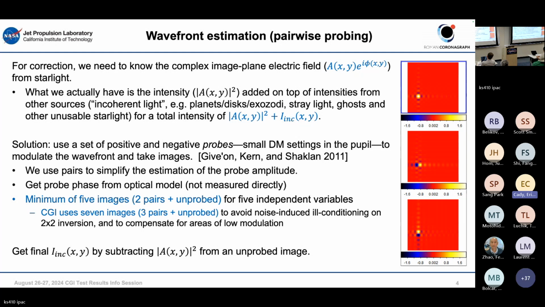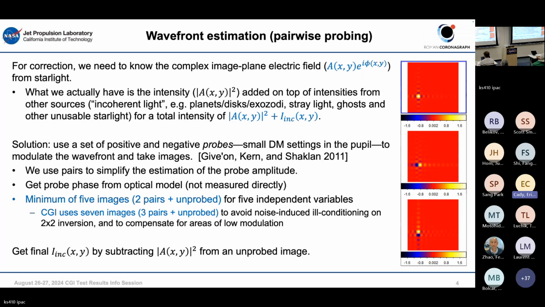Also, with the sinusoidal ones, those will modulate some areas, but they have these null regions. So by using more probes, we try to avoid having areas of the focal plane in the dark hole that we are not modulating much at all.